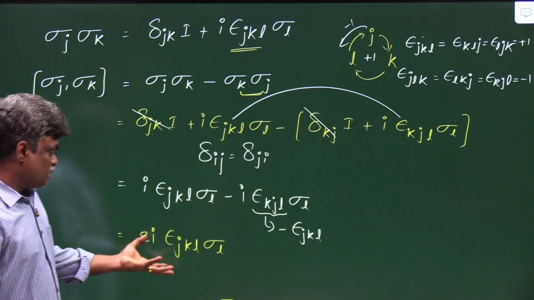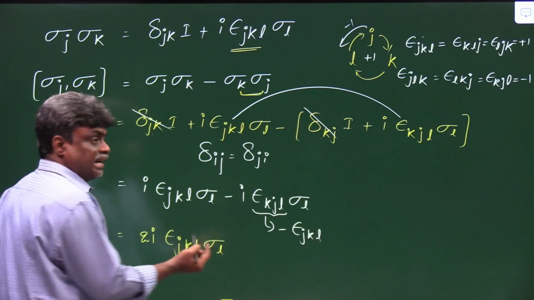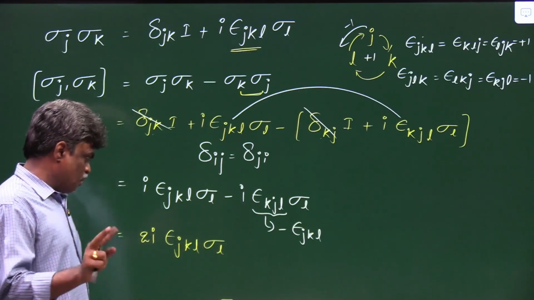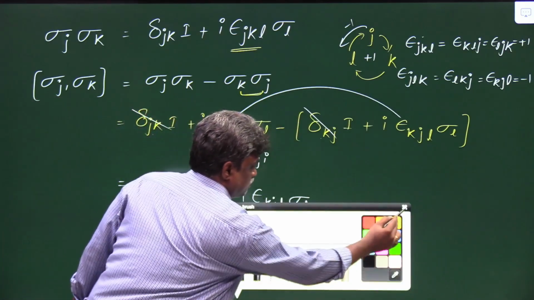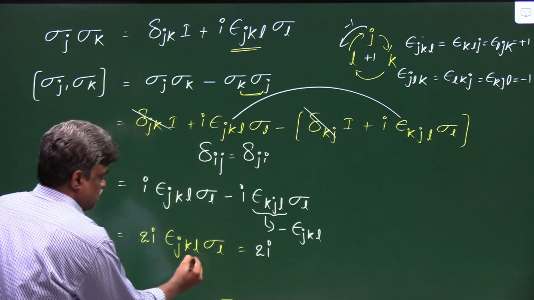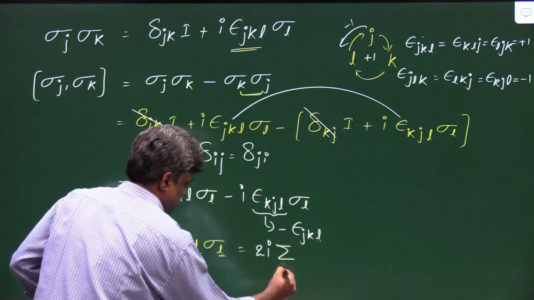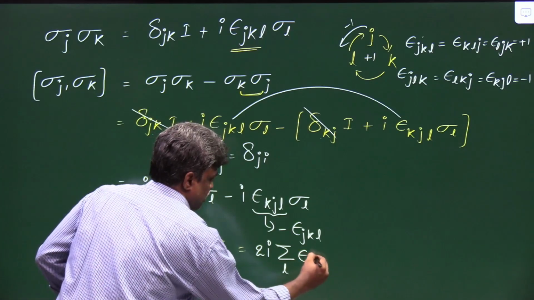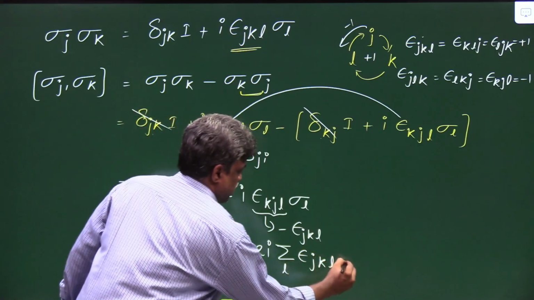Again you have to use that Einstein summation rule here. So if any index is repeated twice on one side, we have to take the summation. So that is 2 iota. This l is repeated twice. That's why summation over l epsilon jkl sigma l.